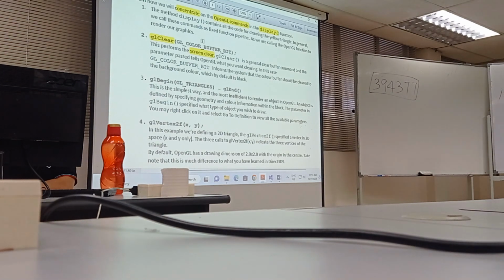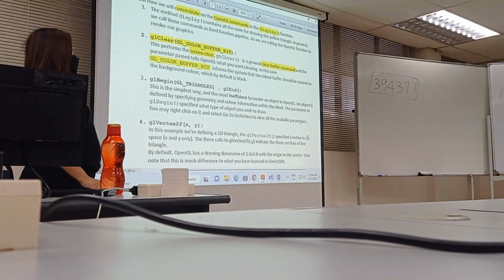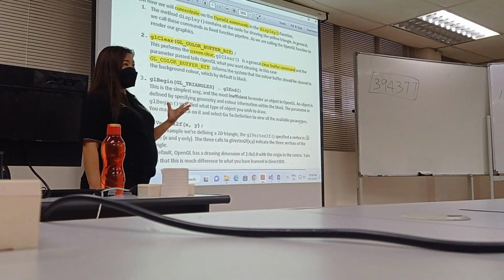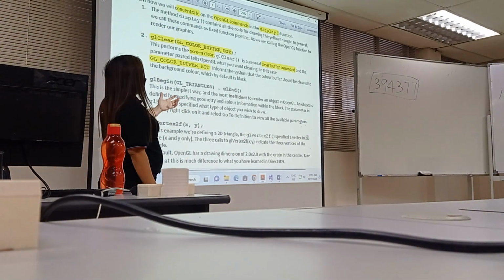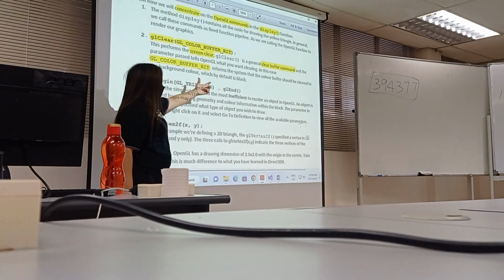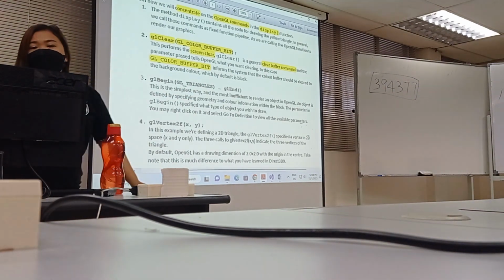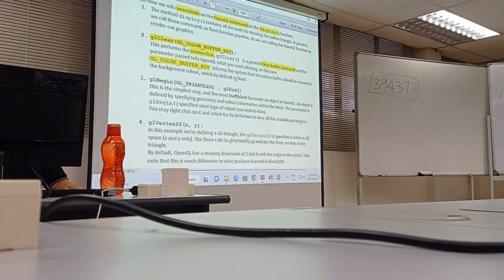So we have to perform the clear buffer command to ask OpenGL to clear the color buffer: GL_COLOR_BUFFER_BIT. This informs the system that the color should be cleared. This is important: if you don't clear, the previous drawing is still there. So the default background color is black, as you saw just now.